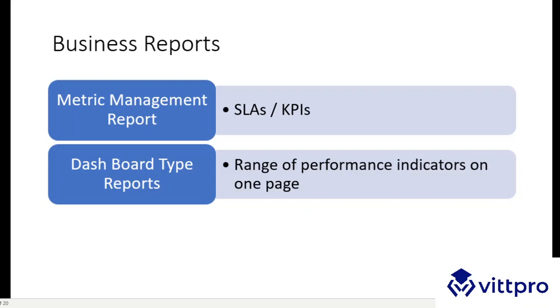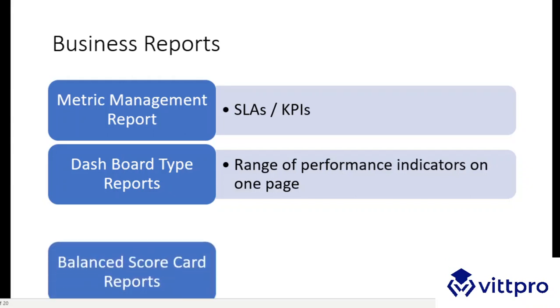Maybe finance wants to see different things, operation guys want to see different things, marketing guys want to see different things, a CEO wants to see different things, right? Because it depends on where your individual focus is. So a dashboard will be giving you the performance indicators on one page, but only three to five or five to seven metrics in the form of charts or graphs or anything else.